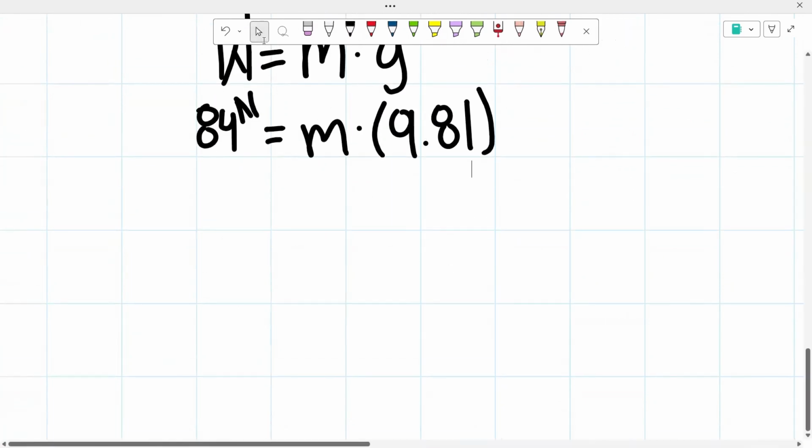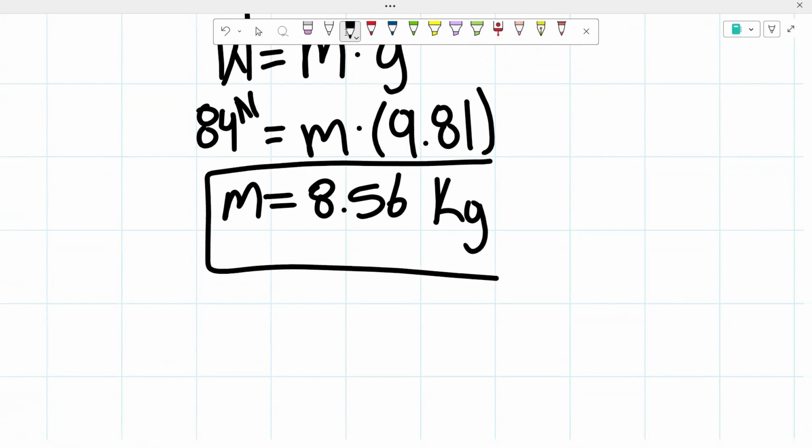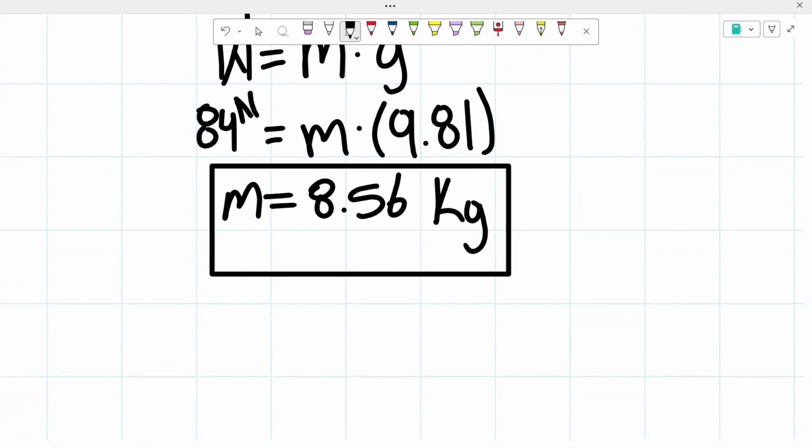So to find the mass, all we have to do is divide that 84 newtons by 9.81, giving us that the mass of the block is equal to 8.56 kilograms. And just like that, we were able to determine the mass of the block at point D.